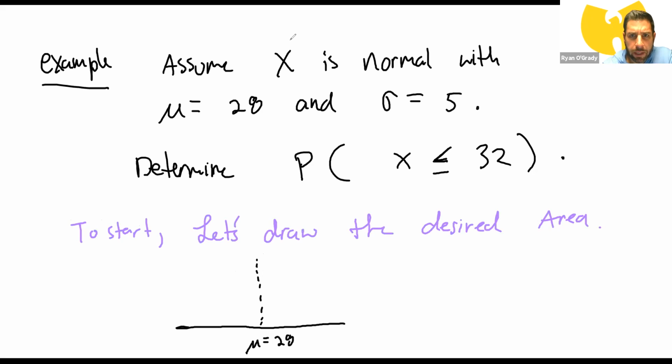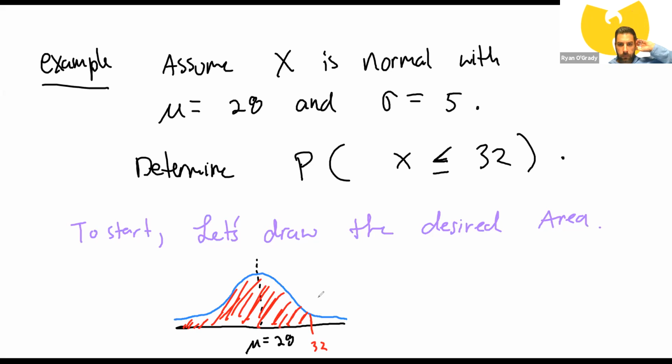And then if I draw my curve, I know my curve is symmetric with respect to this mean. It looks something like this. And then we know 32 is bigger than 28. So here's 32. And this red area is the probability that x is less than or equal to 32.